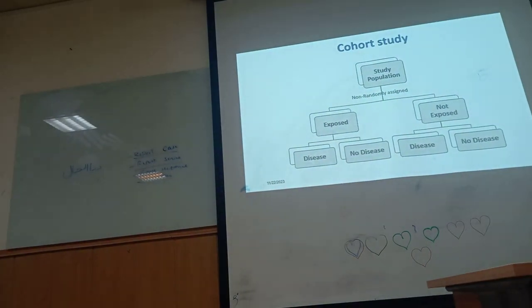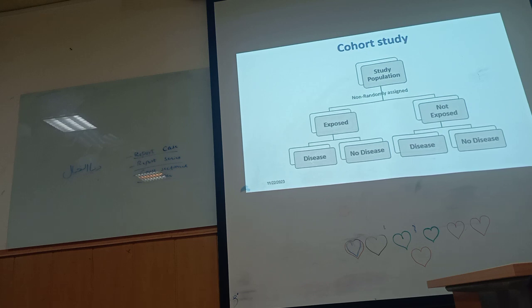Imagine that in this class, we classify all of your classmates into those who have sufficient physical activity and those who do not have physical activity. And we follow you for 20 years, and after 20 years, we see if there is any difference in the rate of, let's say, cardiovascular diseases among those who have sufficient physical activity and those who do not have sufficient.